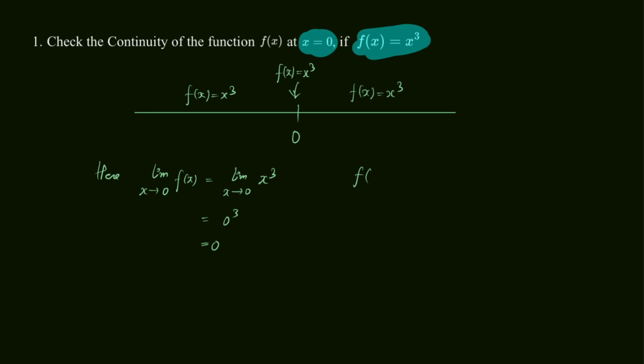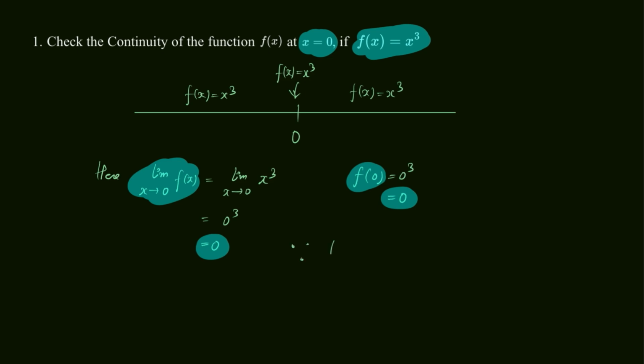Here the value of a is 0, so f of 0 can be written as 0 cube, which is also 0. So the limiting value is 0 and the functional value is also 0. That means the limiting value and functional value are equal, so this function is continuous at x equals 0.